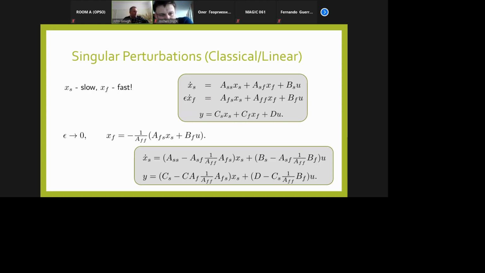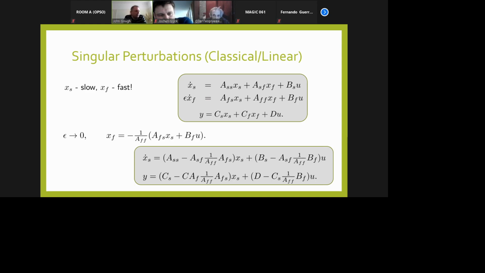So going back to the talk by Hendra Nurdin a few days ago, he was talking about linear systems. So I'm just going to describe the general theory of singular perturbations, because this is a general class of problems I want to address here, but I just want to show you what happens in the classical world where you keep things linear.